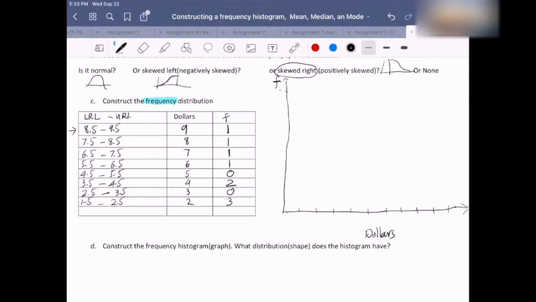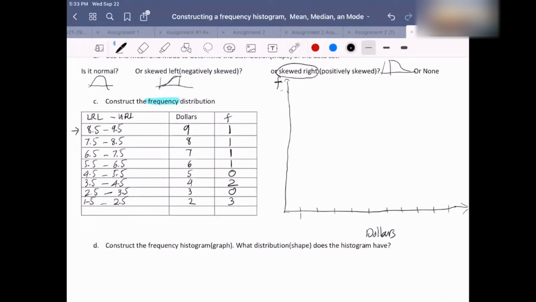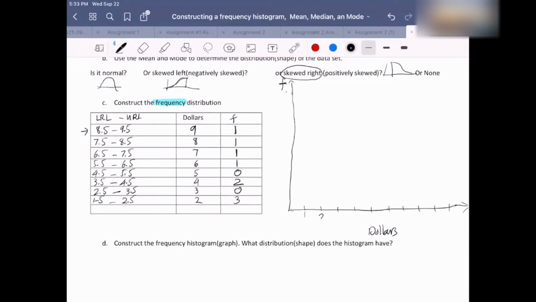Okay. All right, so let's check. So on the horizontal axis, you need to list the dollars, and it goes from 2 to 9. So I'm going to just put the 1, even though we don't have the 1, but I'm going to use like 1.5, right? So let's just put the 1 there, okay? All the way up to 9.